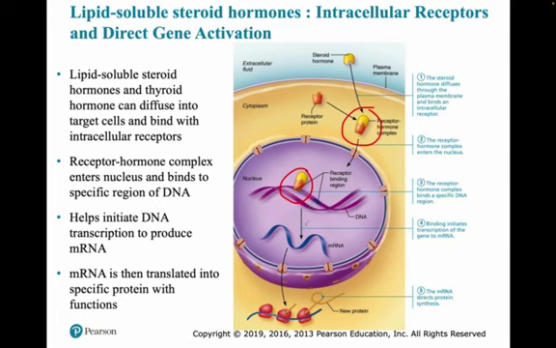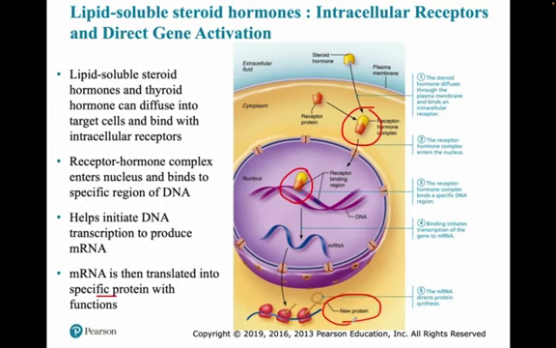So it will help create DNA transcription. It will produce more mRNA, and mRNA, as you have studied in 208, is going to create specific proteins, because mRNA will translate into a protein, and that protein will do the functional job. So finally, this mRNA will export out of the nucleus, and it will create the new protein that will trigger the response.